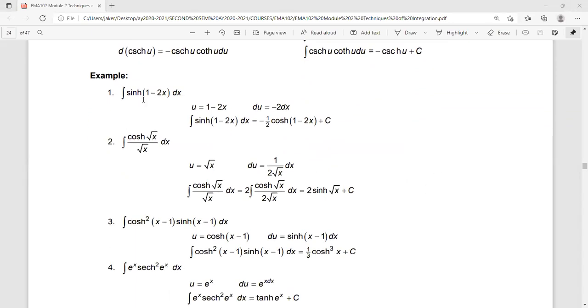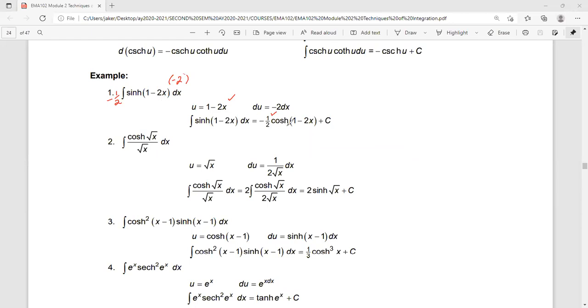Okay, hyperbolic sine. So your u in this case is 1 minus 2x. The du is, of course, the derivative of that, which is negative 2 dx. So you only need to place here negative 2, and you place before the integral negative 1/2. And that's the reason why you see here a negative 1/2. And what is the integral of the hyperbolic sine?